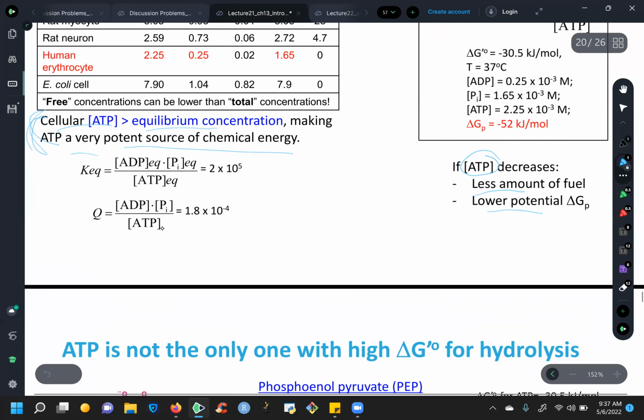And remember, K is at equilibrium, and Q is the cellular concentration, the actual physiological concentration. So these are all terminologies that could be used on your final. Remember, Q is cellular or physiological concentration, actual concentrations.